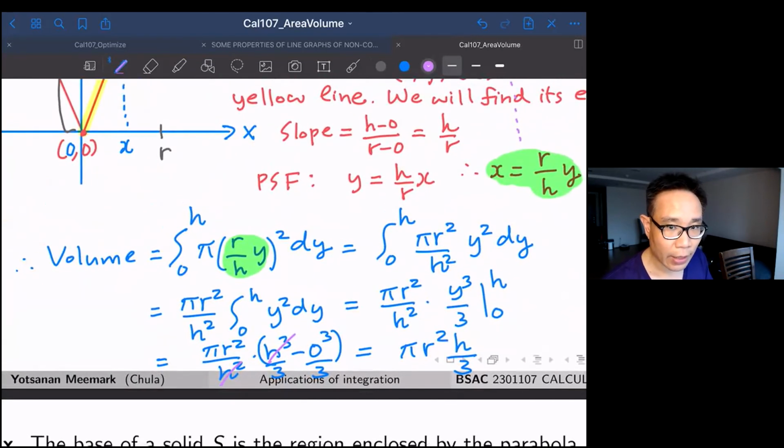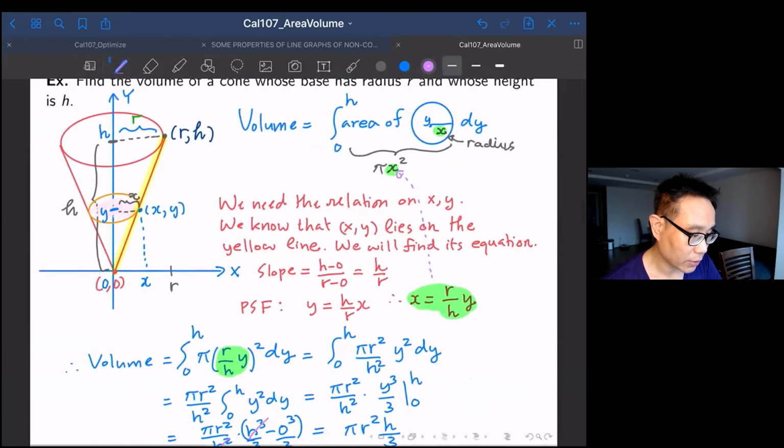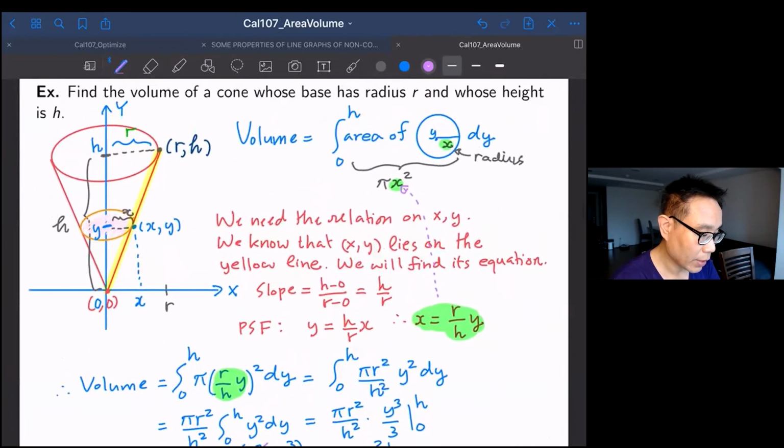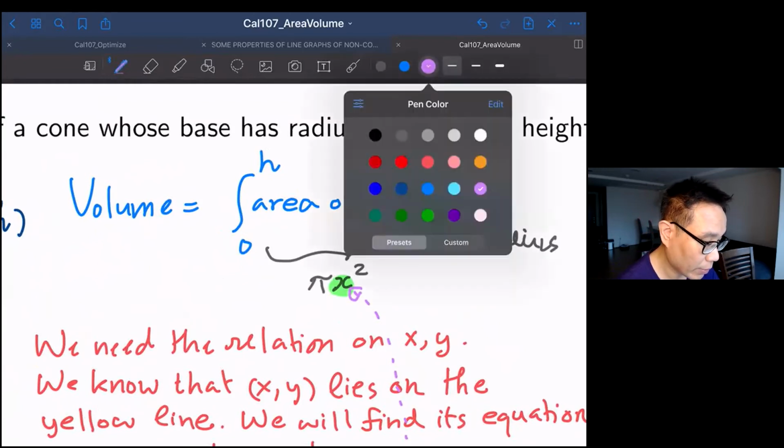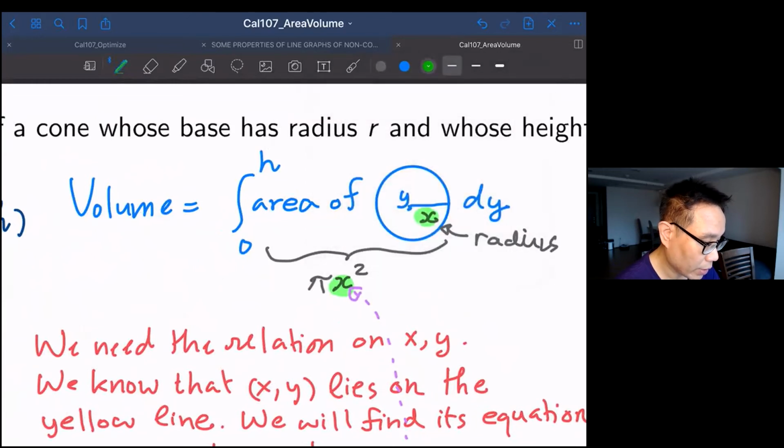And the key idea is going to be just your first step. Your first step here is you have to understand that the volume turned out to be the integral of the area of the cross section. So the key step that I like to emphasize is here.